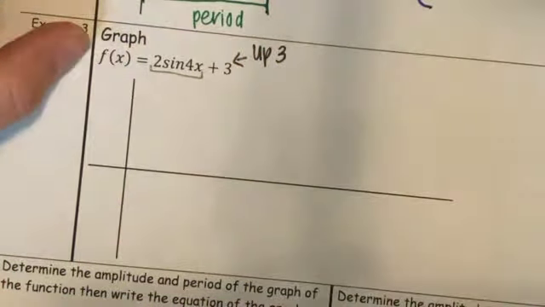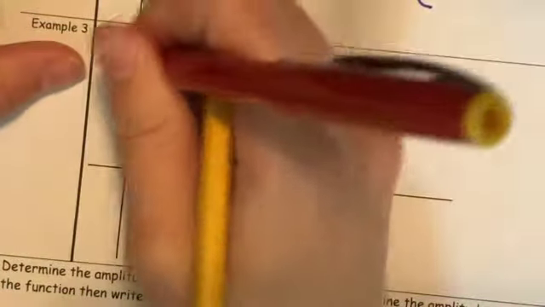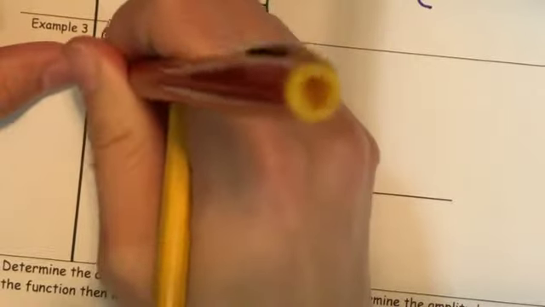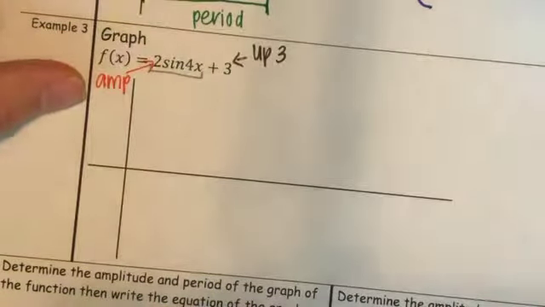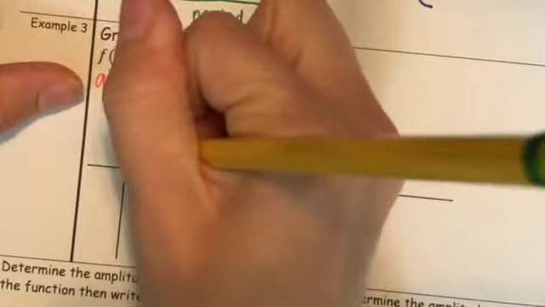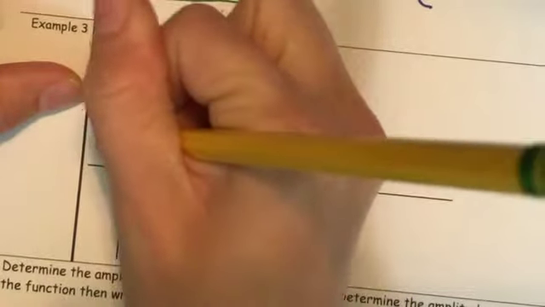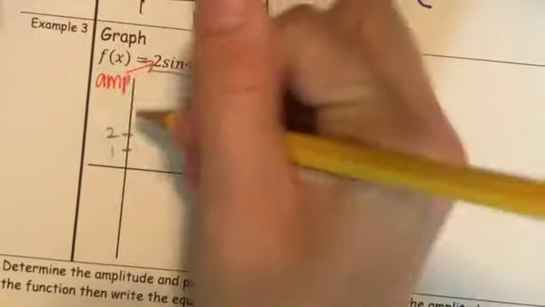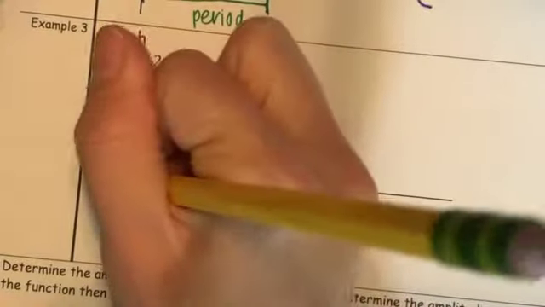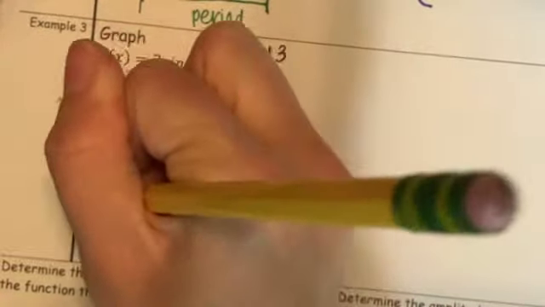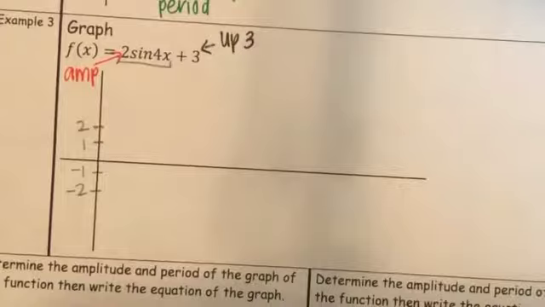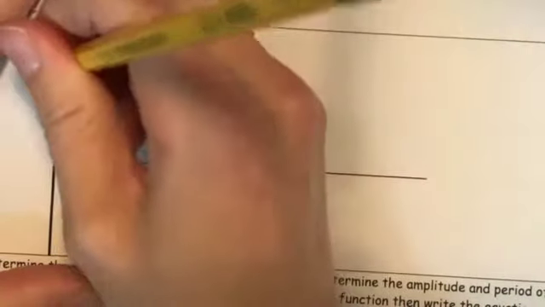So again, 2 is going to be the amplitude. So I can already start to draw. This is gonna be 1, 2. Okay, so my graph is gonna jump back and forth between 2 and -2.